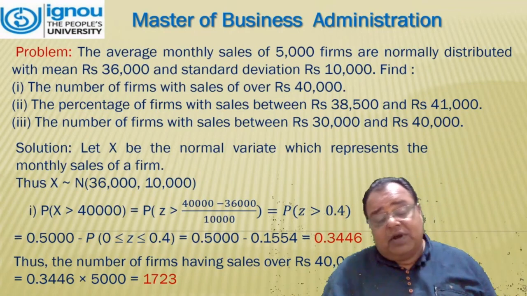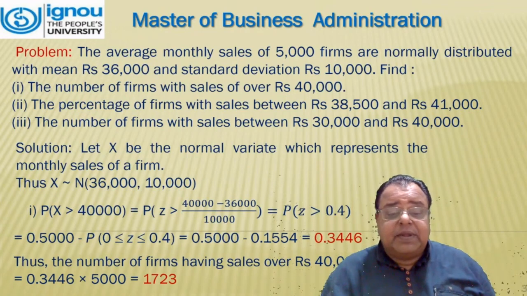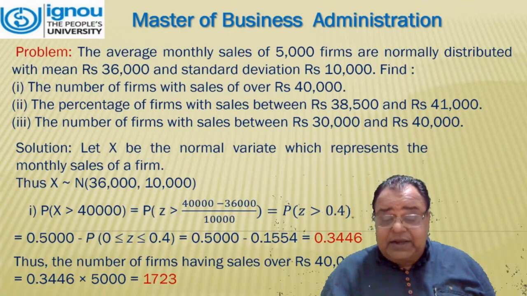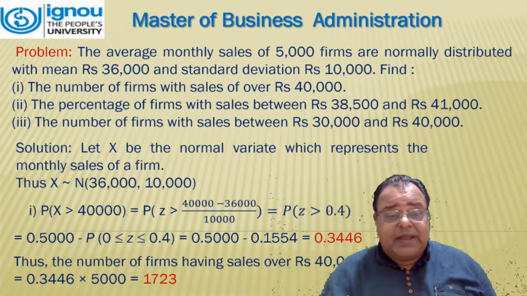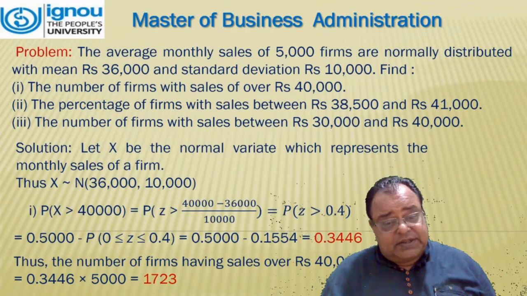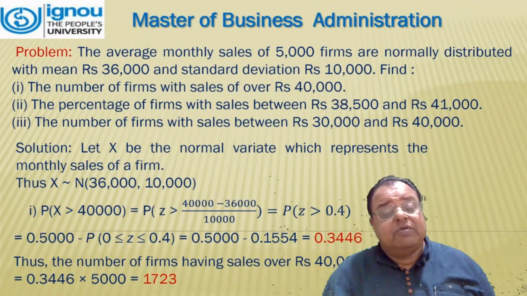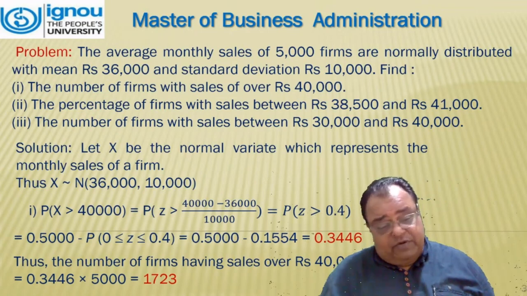You have to convert that into Z variate, so it will be written as probability Z greater than, mathematically, (X minus mu) upon sigma. Your X is 40,000, your mean is 36,000, and your standard deviation is 10,000. It comes out to probability Z greater than 0.4.